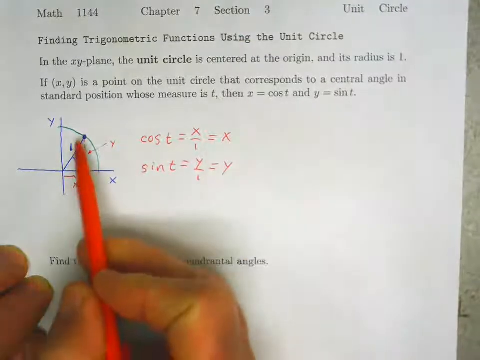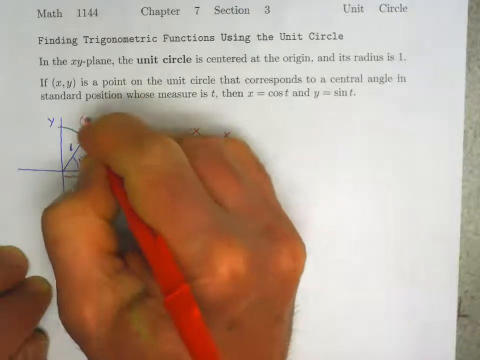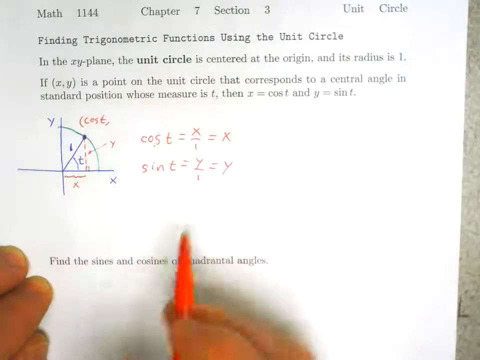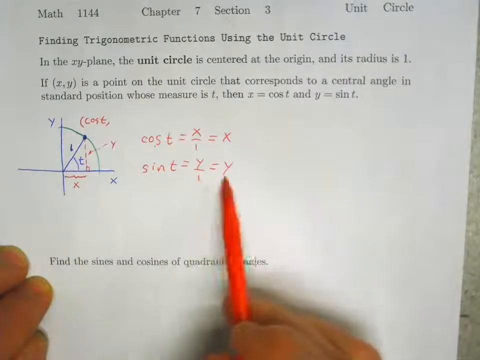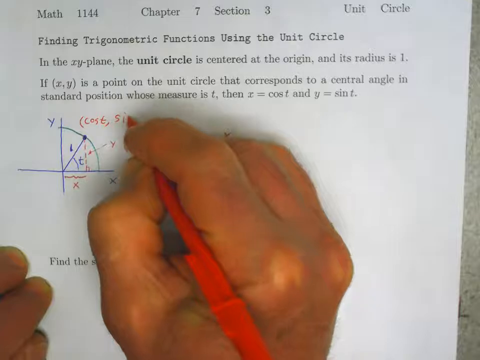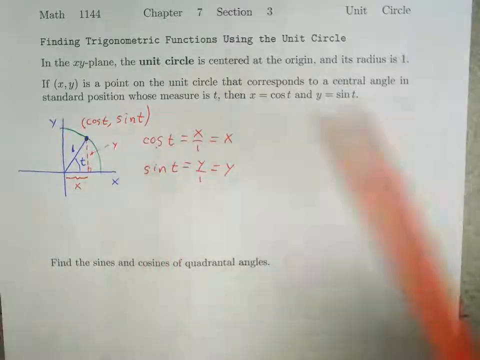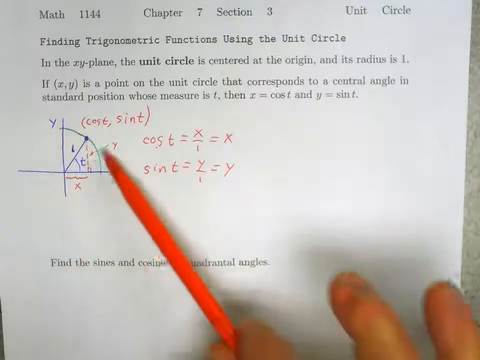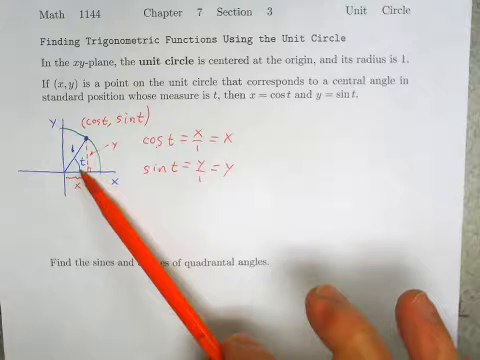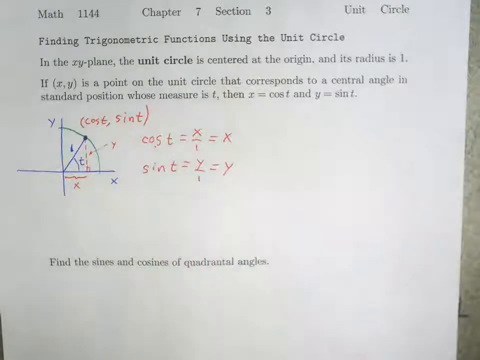So the x-coordinate of this point is equal to cosine of t, and the y-coordinate of the point is equal to sine of t. Okay, so that is going to be the case for any point that's on the unit circle. We just need to know what the central angle is.